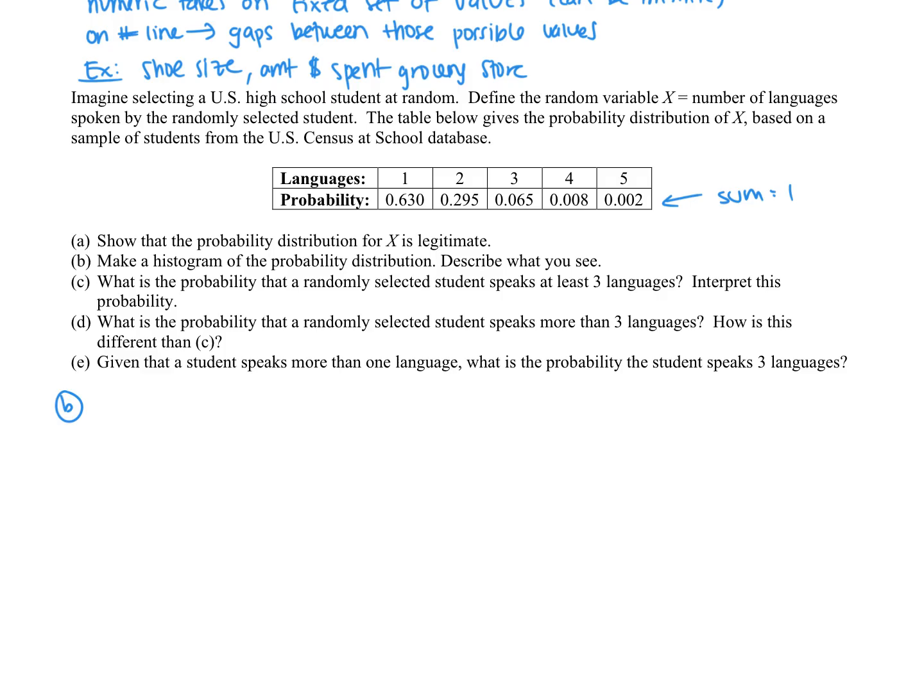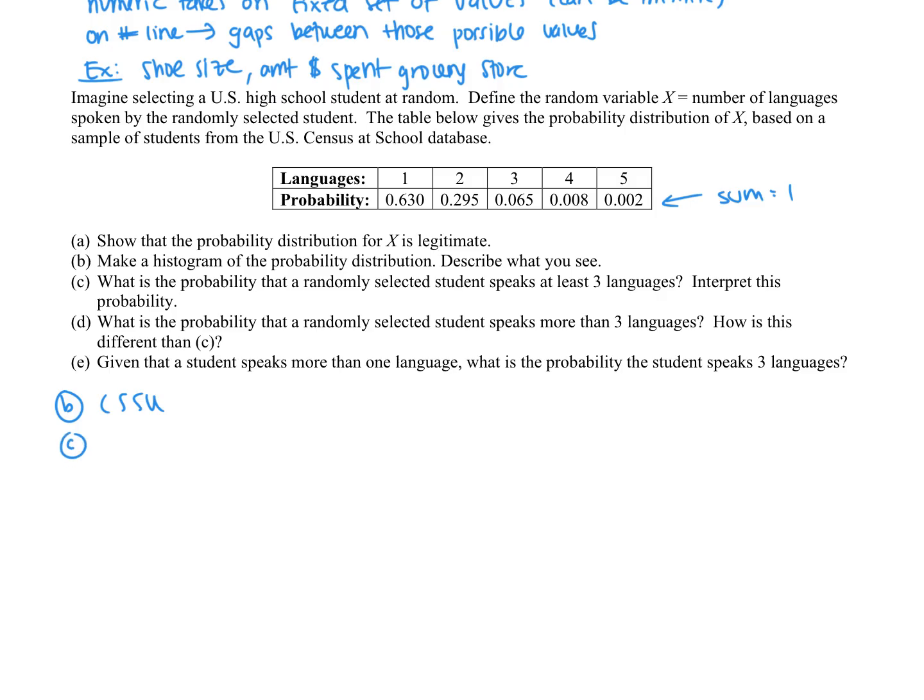So you would use CSSU. What does C stand for? Center. S. Shape. The other S. Spread. U. Unusual. What are some things that could be unusual? Outliers, unusual observations. There might be a gap. So that's what you would talk about.